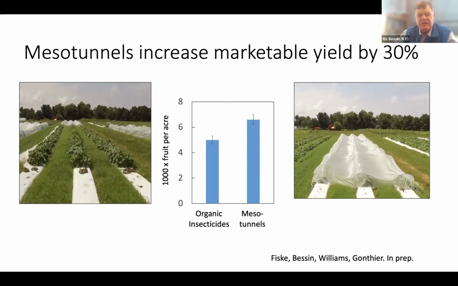But the other issue is that it also excludes a number of beneficial insects that could feed on secondary pests, and it's also excluding our pollinators on this crop. But when we manage it correctly, we've seen some really good yields as compared to the traditional way of managing these crops with organic insecticides. So next slide, please.